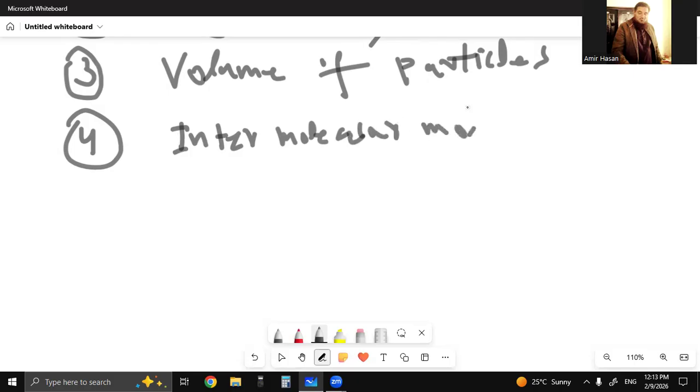Particles move fast in every direction randomly. We neglect the volume of the particles, and the intermolecular forces are very low in gases. That's why molecules move freely in gases.